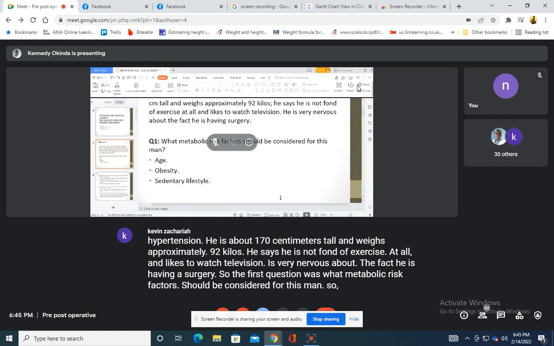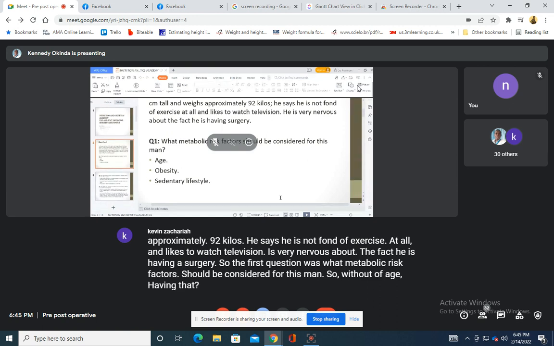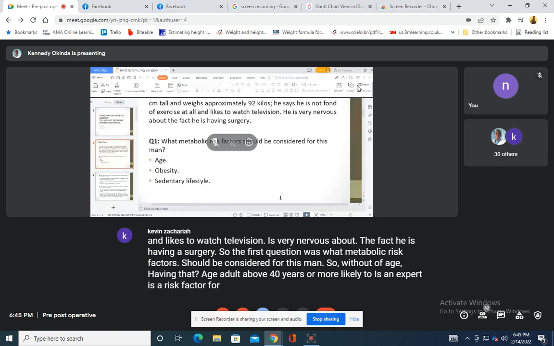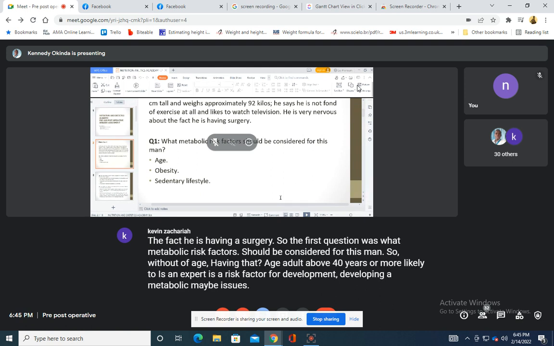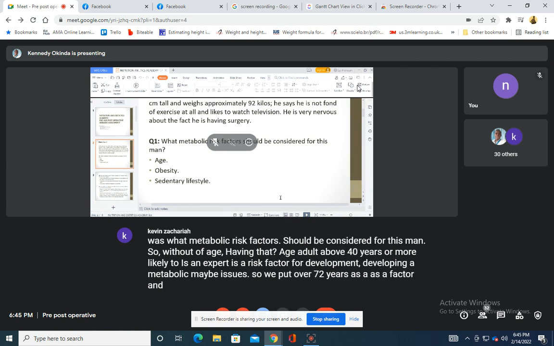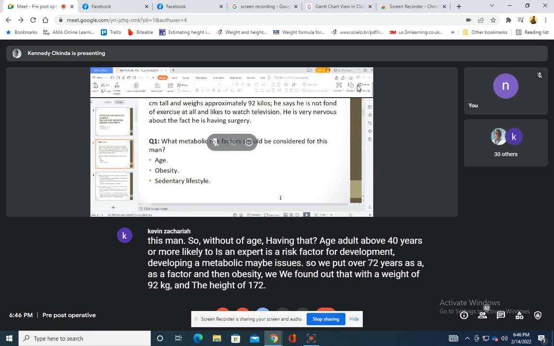So we thought of age: adults above 40 years are more likely to develop metabolic issues, so we considered 72 years as a factor. Then obesity: with a weight of 92 kg and a height of 172, the BMI was in the obese category.